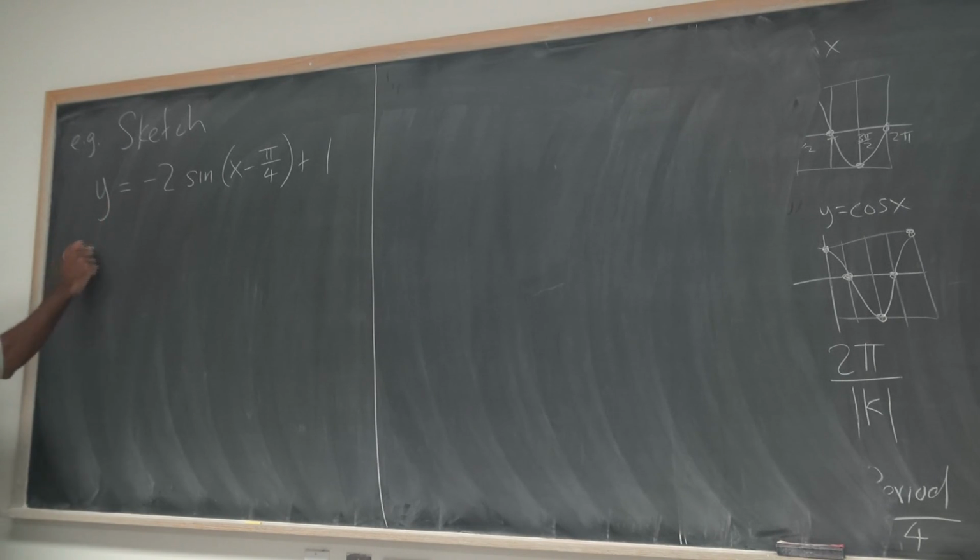First, we're going to figure out the amplitude a, which is, well, amplitude is going to be 2. I know that the phase shift is going to be pi over 4. I know that the vertical shift is 1. What about the period of this function?